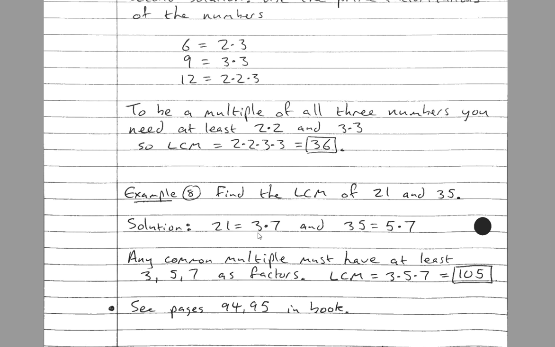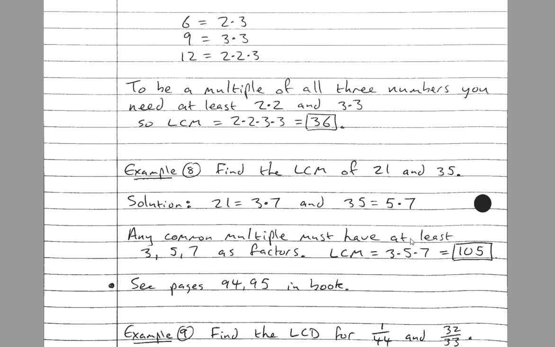So we see primes 3, 5, and 7. To be a common multiple, we need at least 1 three. We need 1 five. And if we have 1 seven, then we've covered each of these. So the least common multiple is just 3 times 5 times 7. That's 15 times 7, 105.